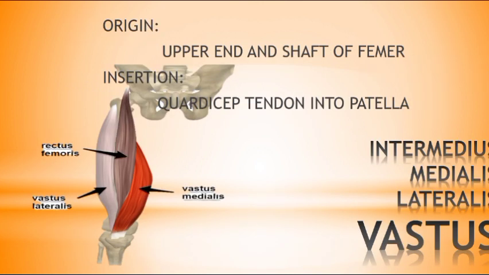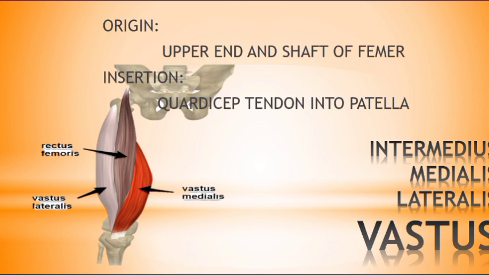So the next one. In this part, I have explained three muscles in a single slide. All these three muscles are the vastus lateralis, vastus medialis, and vastus intermedius. The origin and insertion of these three muscles are the same. The origin is the upper end and shaft of the femur.